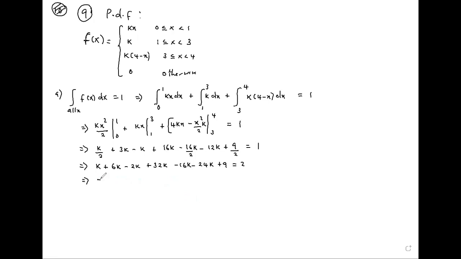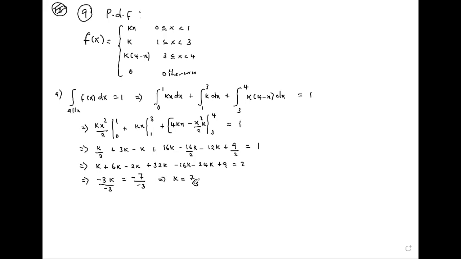So we have negative 3k is equal to negative 7. Divide by negative 3. So k is 7 over 3. Must be cool now.